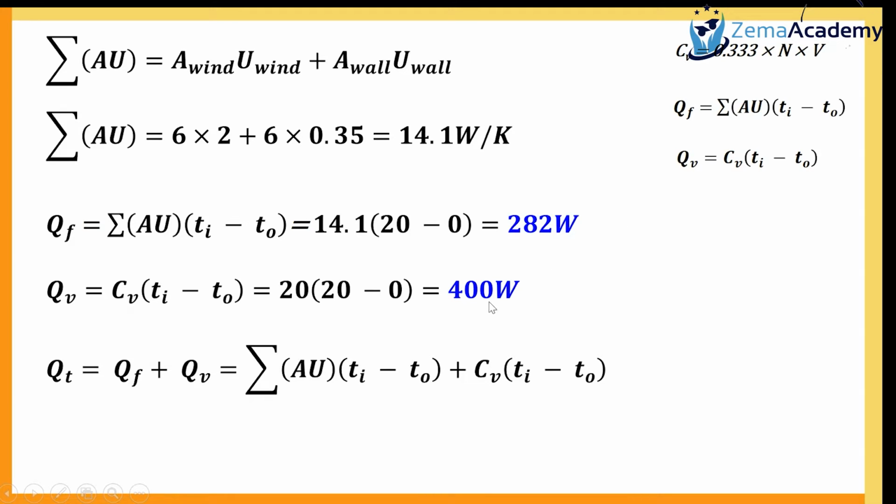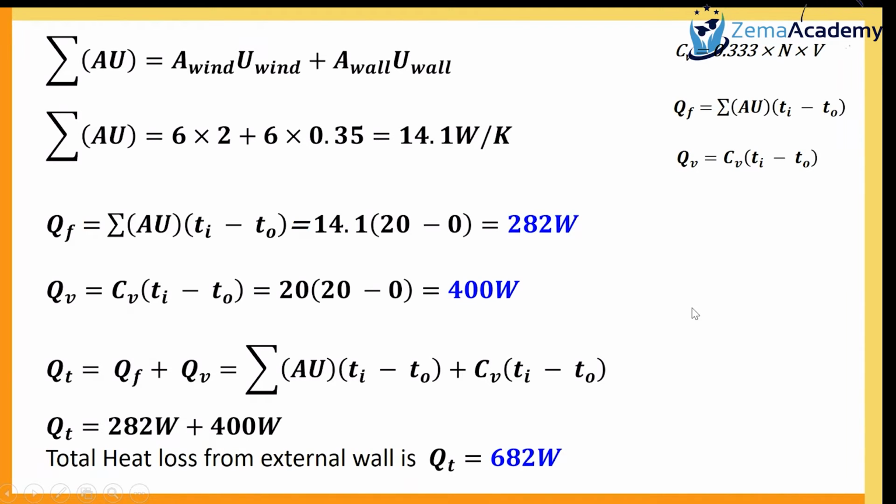And the total is the sum of these two, so the total was 682 watts. So the heat loss from this wall, which has a window, is 682 watts. I want all of you to remember these numbers, that is, the fabric heat loss, ventilation heat loss, and total heat loss, because we are going to come back to these numbers later in the lecture.